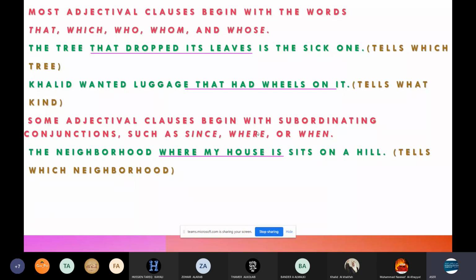So most of the adjectival clauses are there in the complex sentence, like the examples that Khalid has provided for us. The first one, for example, the tree that dropped its leaves is the sick one. So the main clause is the tree is the sick one, and that dropped its leaves is the subordinate clause.